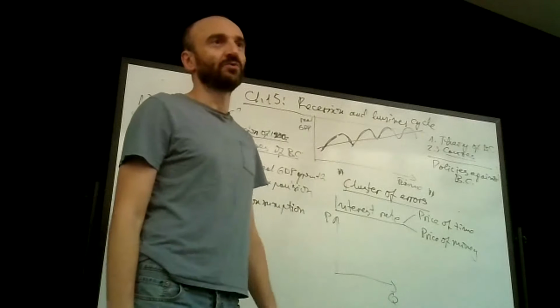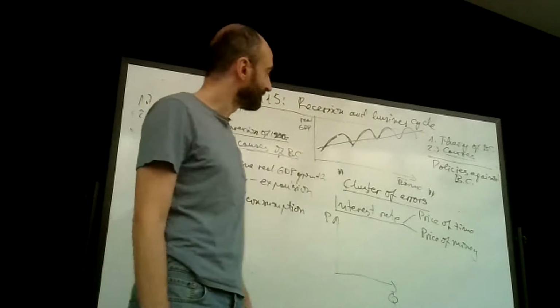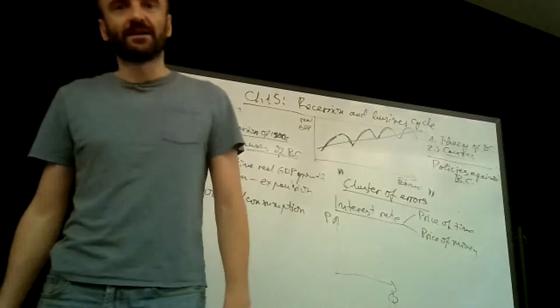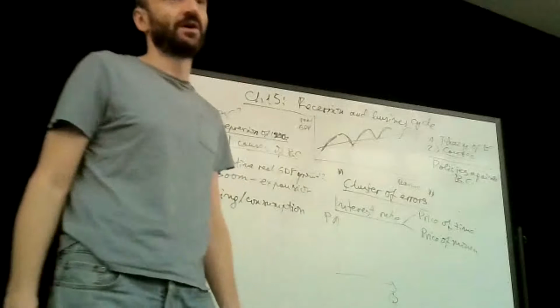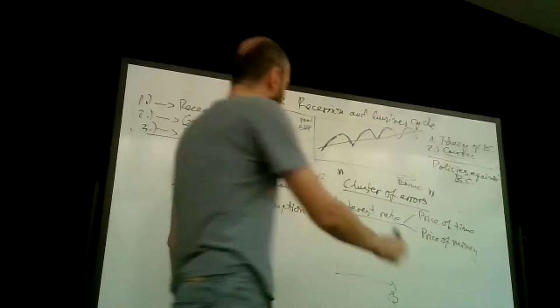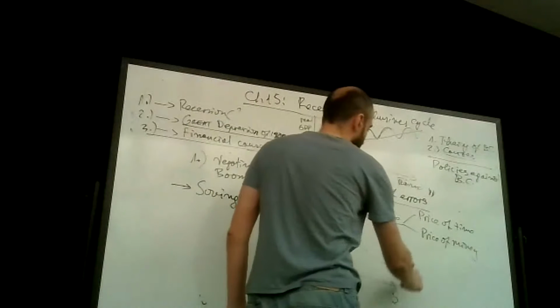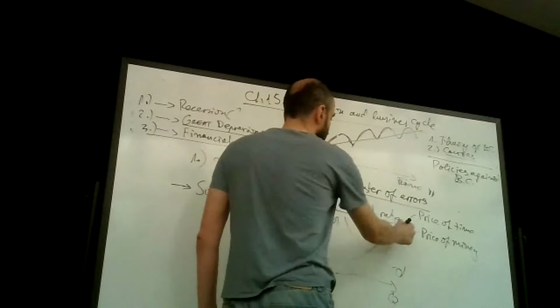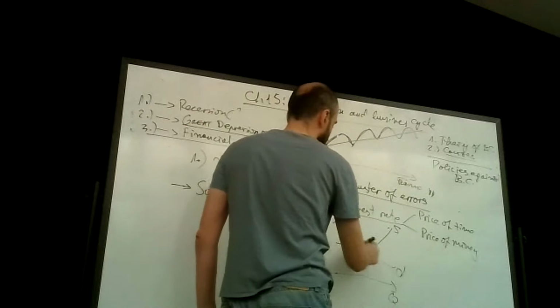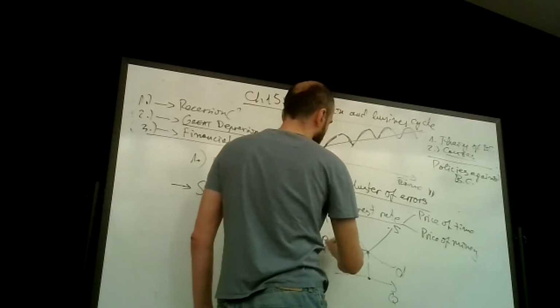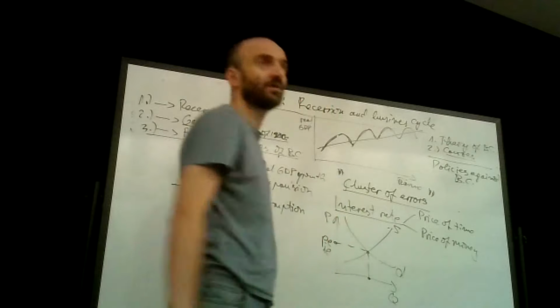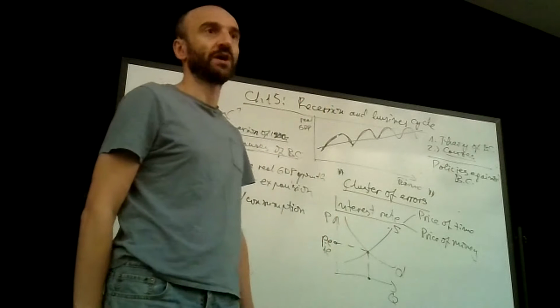How would you define an interest rate? A demand for loans and a supply of loans. This is the equilibrium interest rate. This is the price of money.